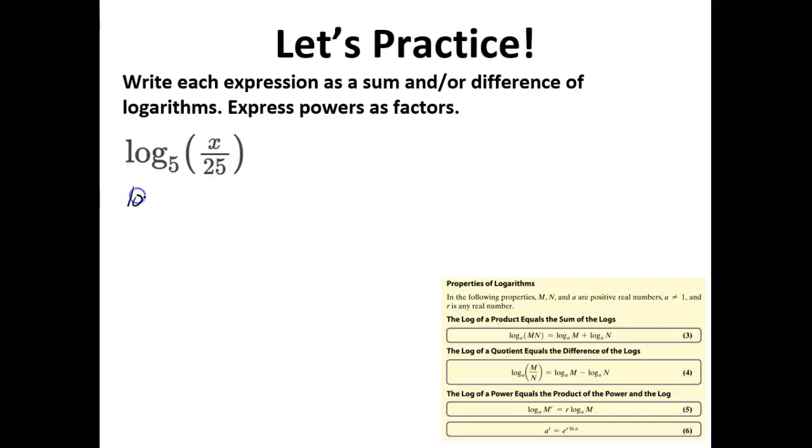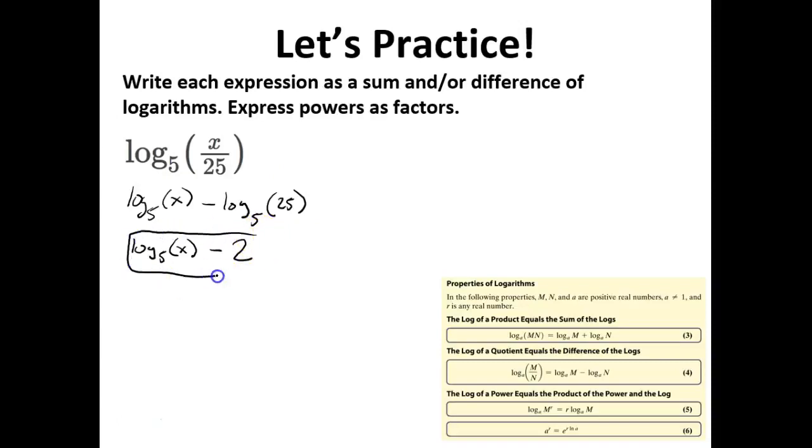It's log base 5 of the top part, which is the x, minus log base 5 of the bottom part, which is 25. There's nothing we can do with this part, so it's going to be log base 5 of x minus, this is saying 5 to something is 25. Well, that 5 to the second would be 25, so log base 5 of 25 is just 2. That would be our answer.